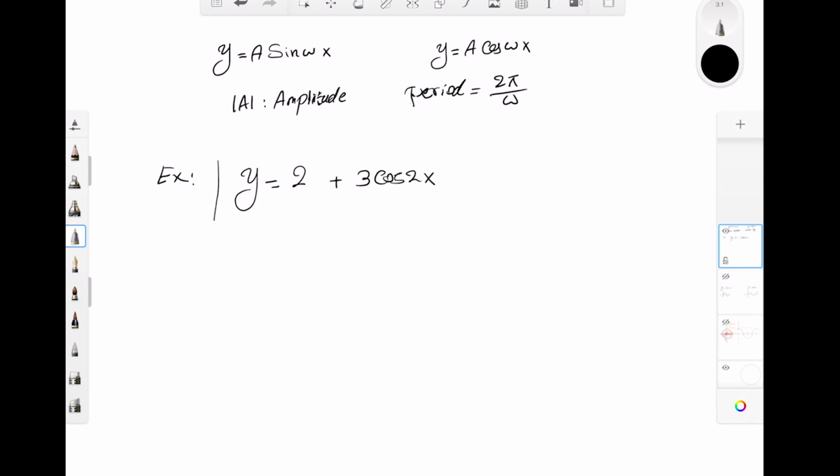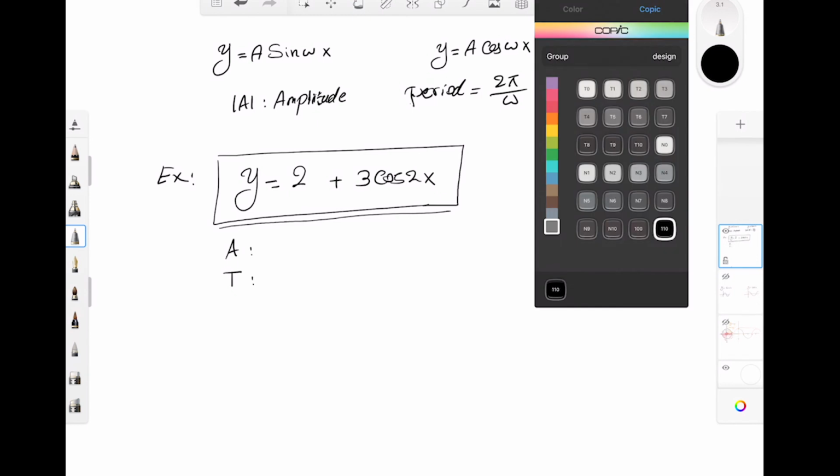If I ask you to graph this, you have a graphing calculator, you can use it in the exam, but I am more interested that you know what the amplitude of this graph is and what the period of this graph is. You also should be able to tell me what the transformations are from cosine of x.